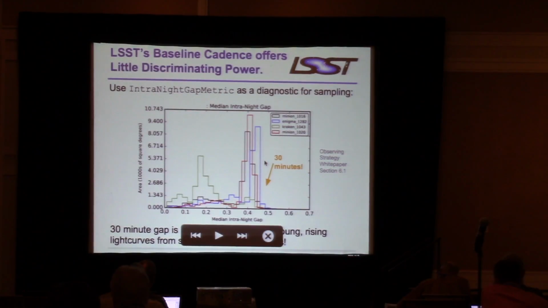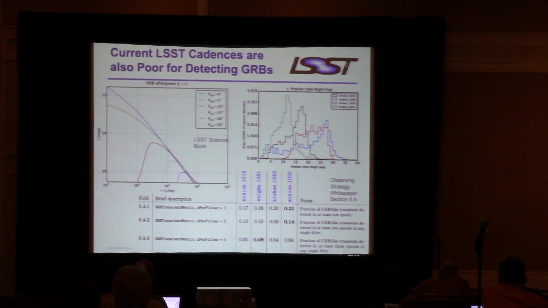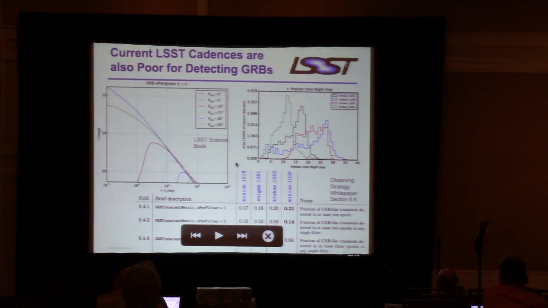And of course this is good for asteroids, but it's very poor for distinguishing young transients because they don't evolve enough in 30 minutes to be able to distinguish them at characteristic photometric precision. And so we really need a longer baseline to be able to distinguish young and old events. Similarly, for gamma ray burst afterglows, if you put in realistic light curve shapes, we're only finding a very small fraction, potentially, of the events that LSST can see because of that slow sampling rate.